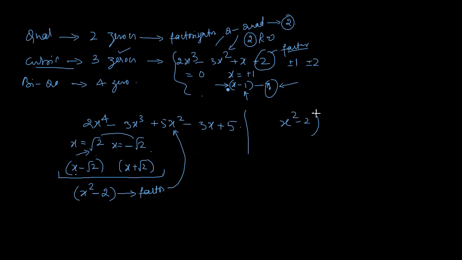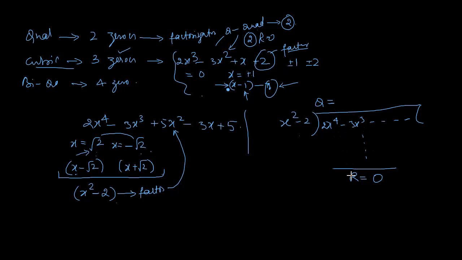I'm not going to divide this, but you need to understand this. When you divide this, 2x to the power 4 minus 3x cube, you'll get a quotient here, and after all those steps, you'll get a remainder. What is your remainder? Remainder is supposed to be 0, because they had given these two as zeros, and this one we found as a factor. If I divide this into the given polynomial, I must get remainder 0, because it's a factor.